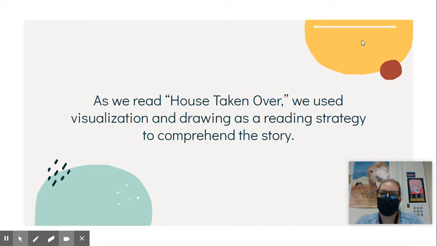As we read House Taken Over, that fictional story about the brother and the sister in the house where they take over, we used visualization as a reading strategy to help us comprehend, right? So we thought about specific details that were included in the words, and then we drew pictures based on what we imagined.